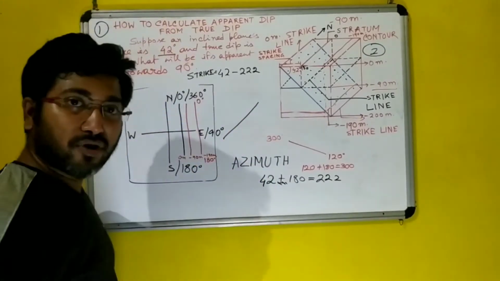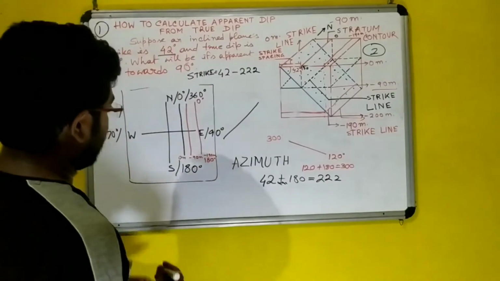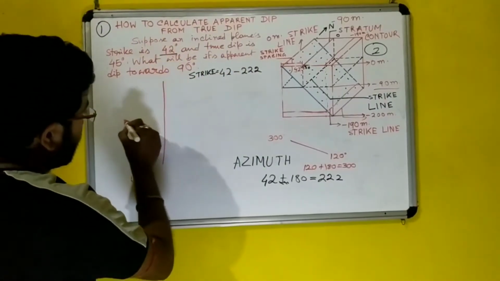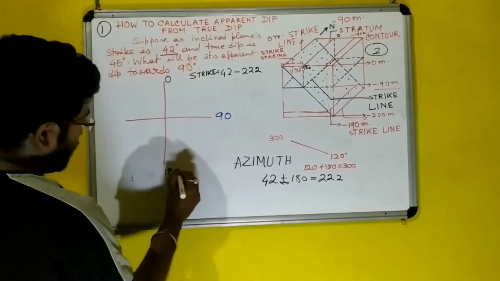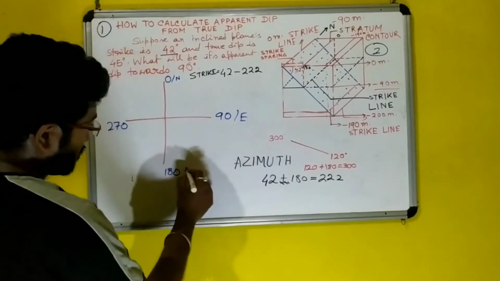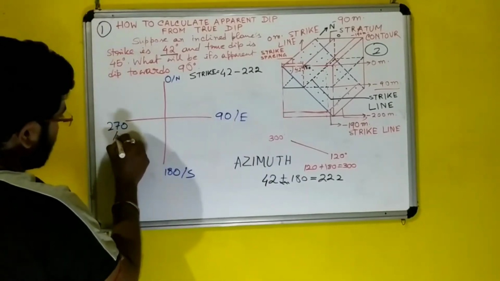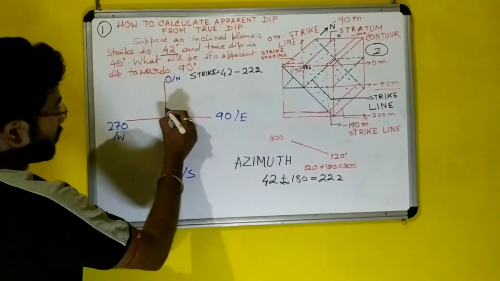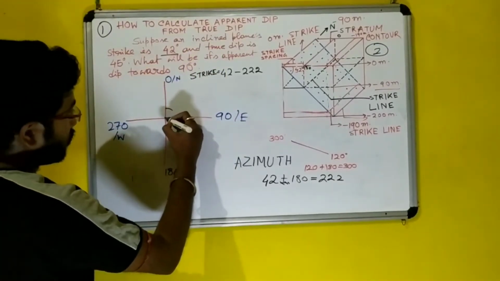So what will be the true dip direction? If we construct one data frame, 0 means north, 90 means east, 180 means south, 270 means west. So from here we have to go 42.